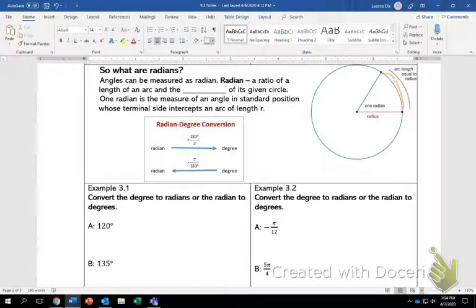This is our length of the arc, and this is what you need to fill into your blank, and our given radius. Really what they're saying here is that whatever your radius is, if you were to take this distance, r, and put it on the edge of your circle, then this would equal 1 radian.